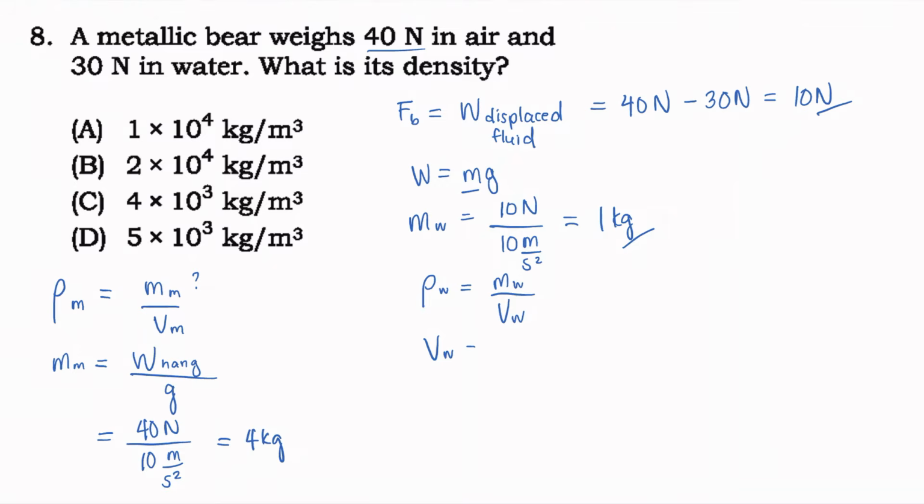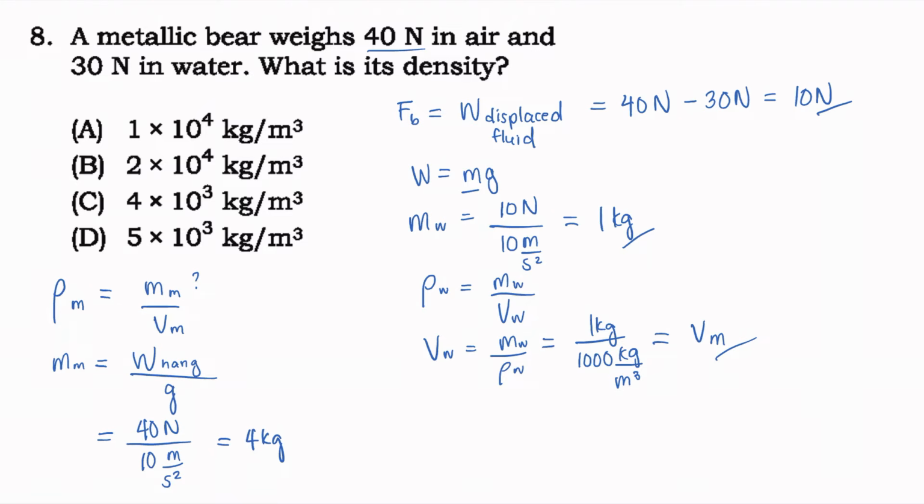Volume ng water is equal to mass ng water over density ng water, which is 1 kilogram over density ng water, 1,000 kilograms per meter cube. Yung makukuha nating sagot dito, yun na rin yung volume ng metallic bear, 'di ba? Kasi sabi nga sa Archimedes' principle, yung na-displace na fluid is equal to the volume of the object. Ayan. So, meron na rin tayong volume ng metallic bear.